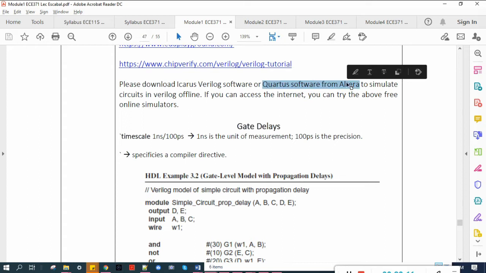But what's nice about the Altera is this is software for FPGA, therefore there is a corresponding hardware. You can buy the actual FPGA and test your Verilog code on actual FPGA hardware.